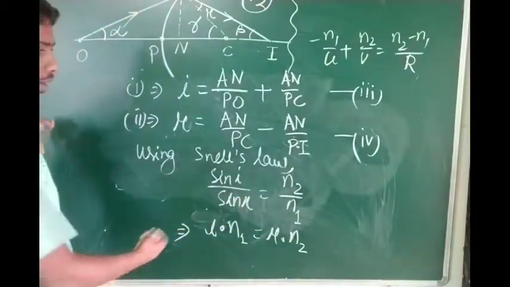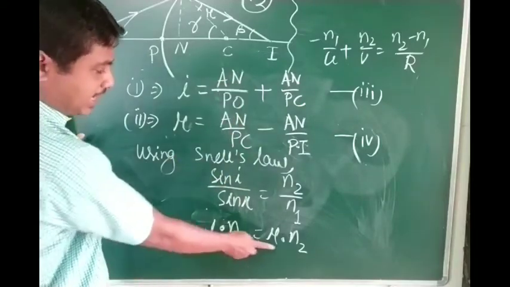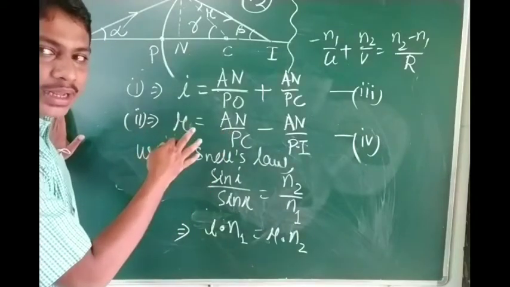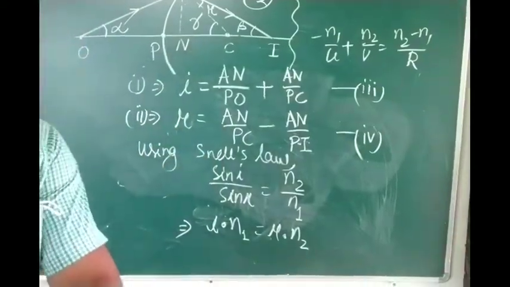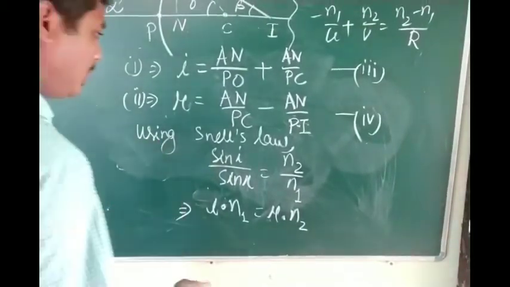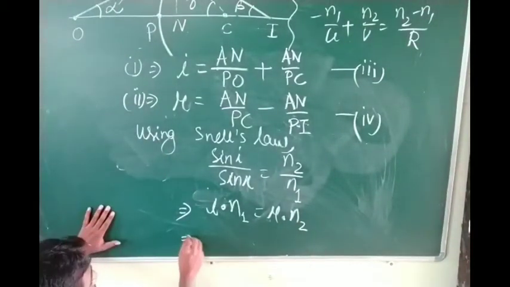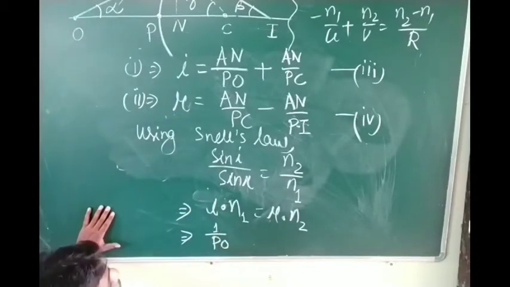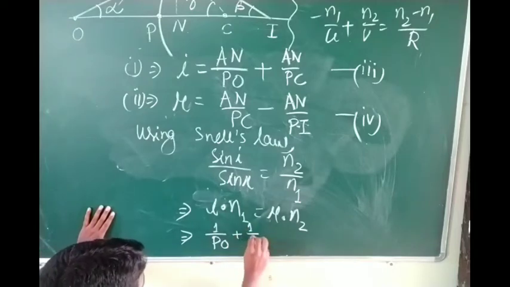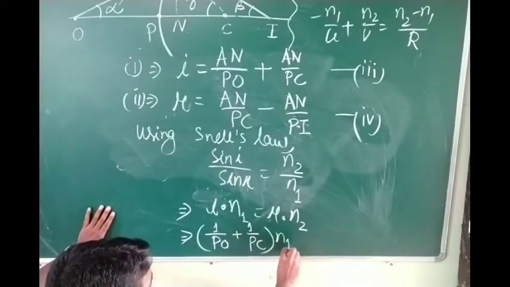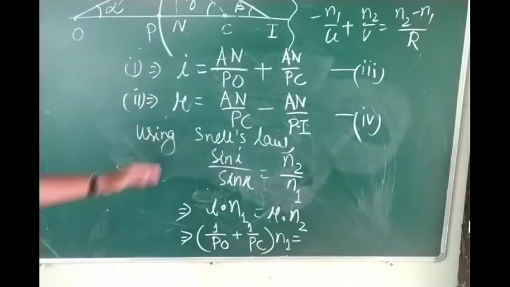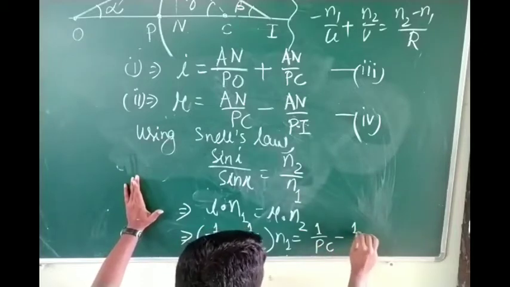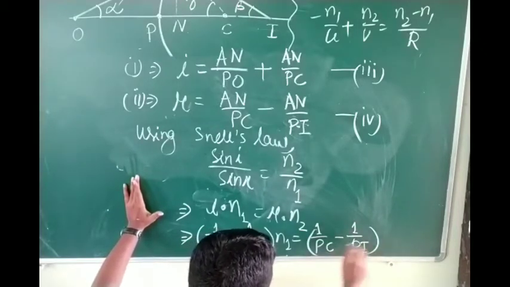So here you can see on both sides, in I and R, AN is common. So we can directly cancel that part. I will not be writing that. I will be writing the next step. So the next step will be 1 by PO plus 1 by PC into N1 equals to, in place of R, I will be placing 1 by PC minus 1 by PI into N2.